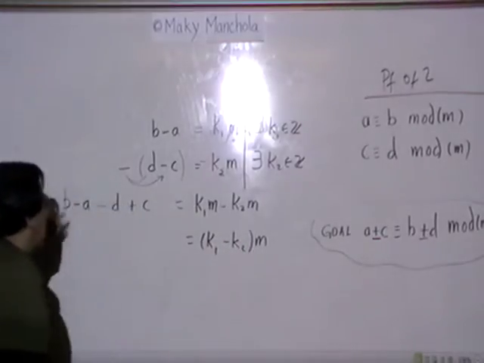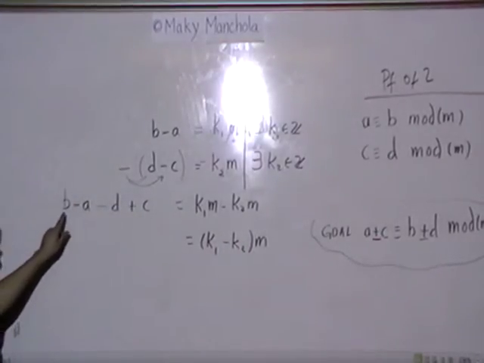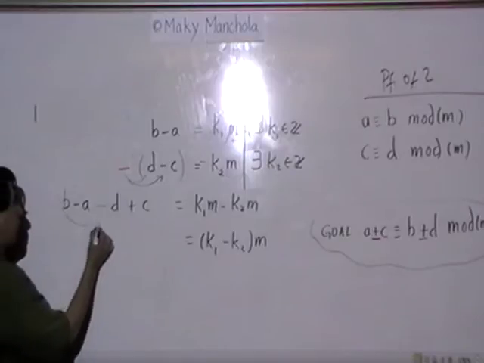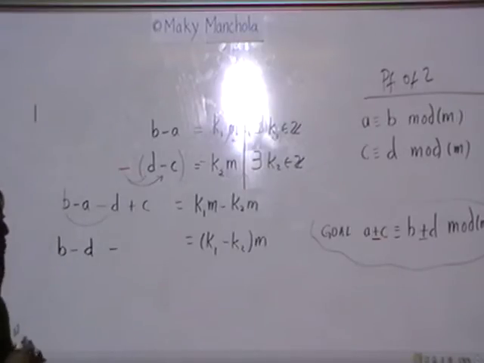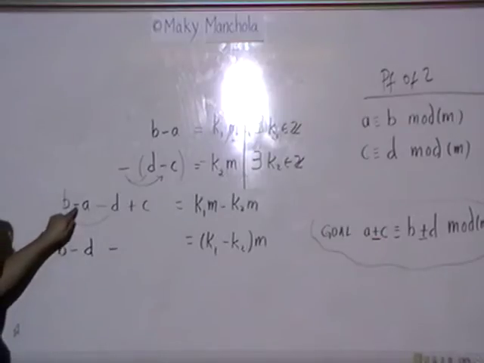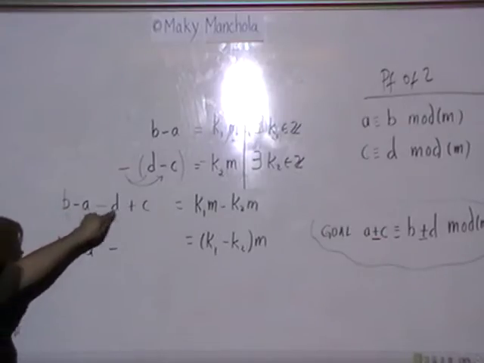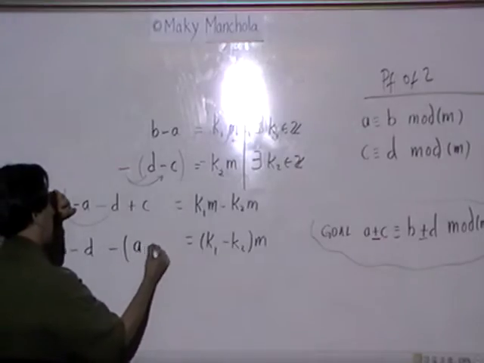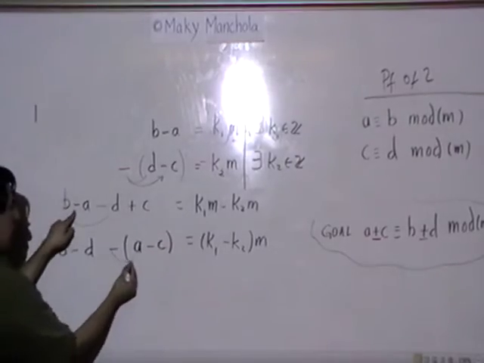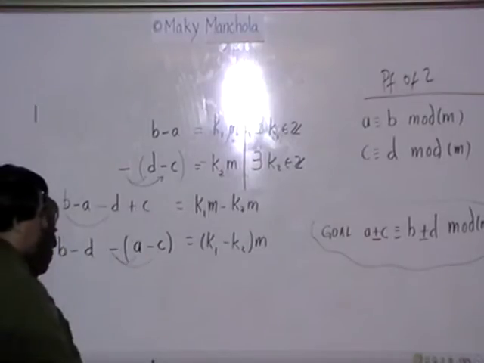On the left hand side, let's see, we're going to get B minus D minus, now we should take negative A plus C and factor out the negative, so you will get minus A minus C. Notice, negative A plus C, so it matches.